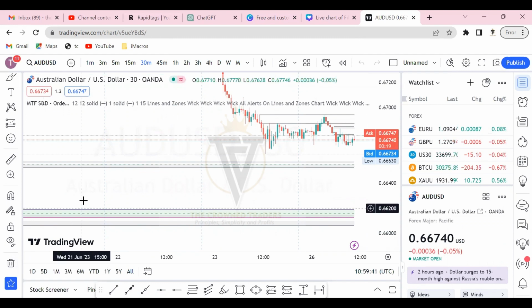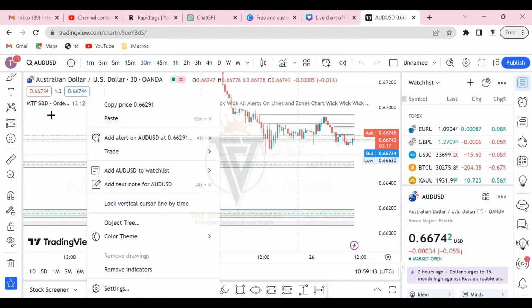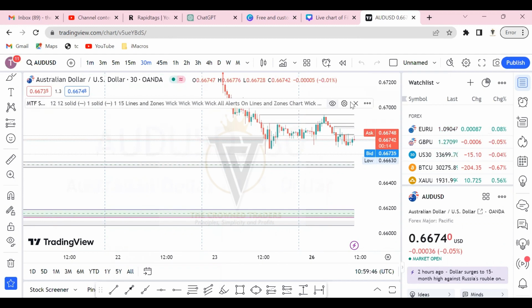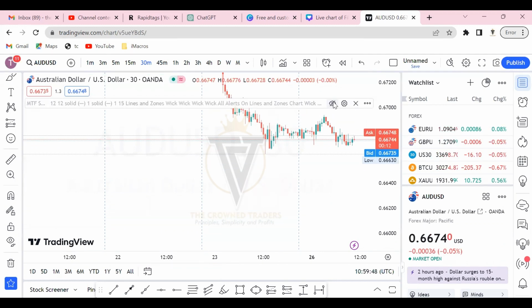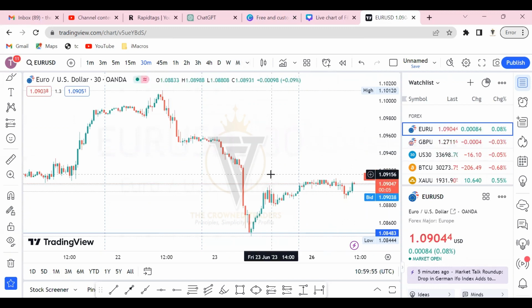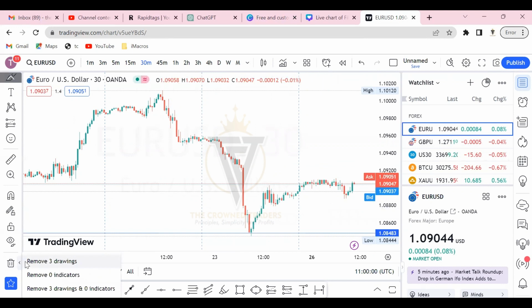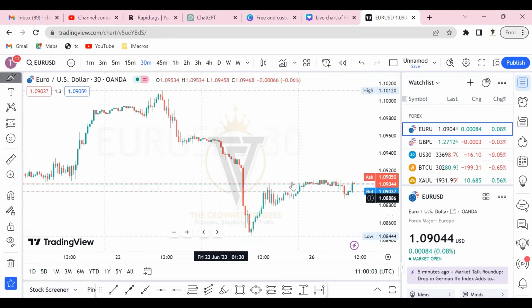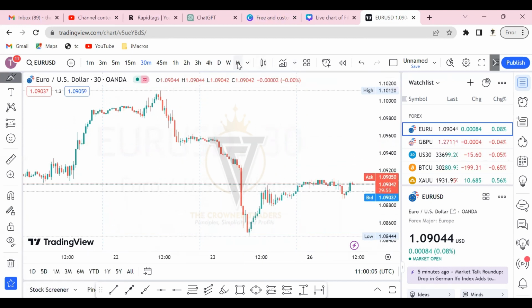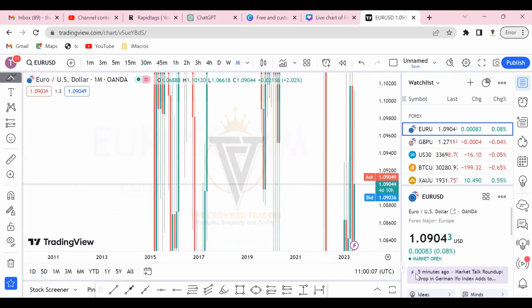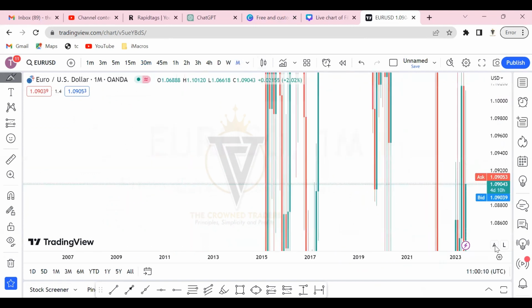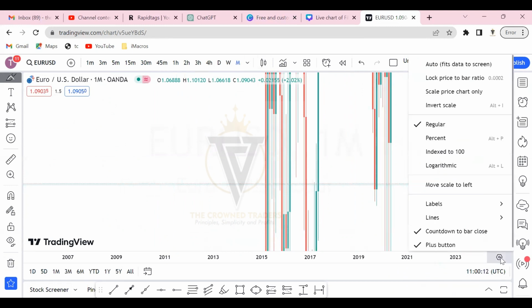So remove them. Beautiful. So the trade pair I want to trade today, good. So let's analyze Euro USD.